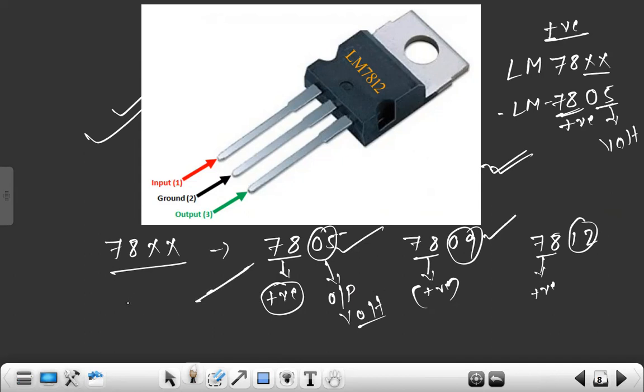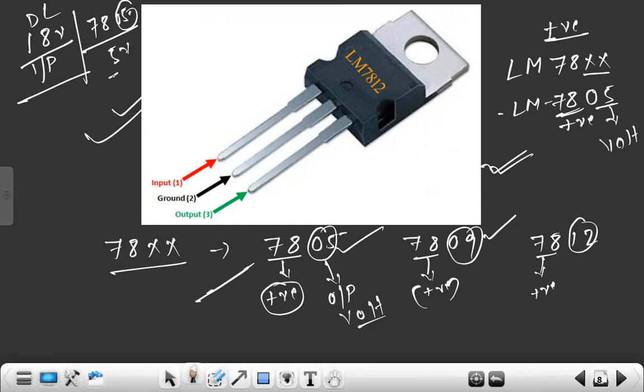Suppose our input voltage is 18 volt. This is our input voltage, 18 volt, but this is DC. If we use 7805, we'll be able to get output 5 volt DC.